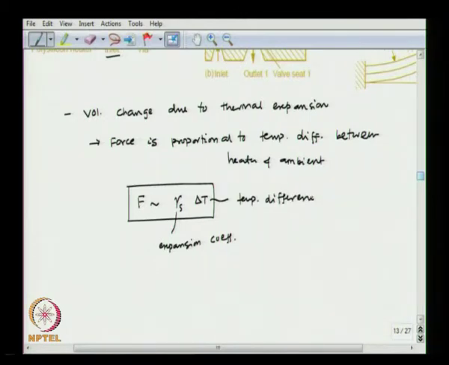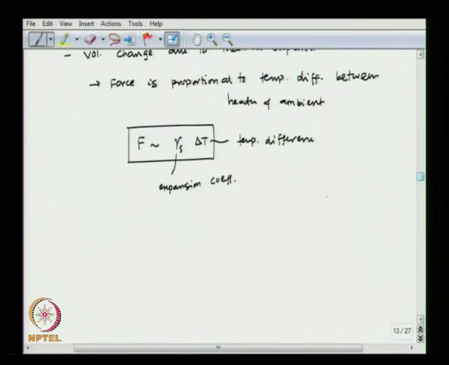Okay. Now, typically we would have a membrane which is square or rectangular in cross section, and the membrane will be hinged at 4 sides.